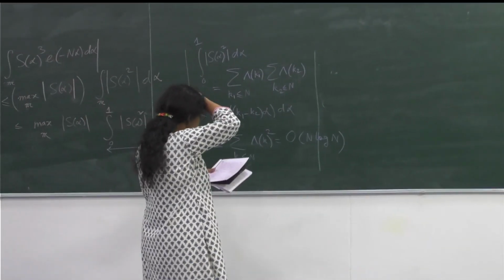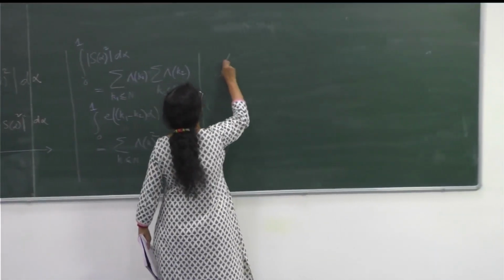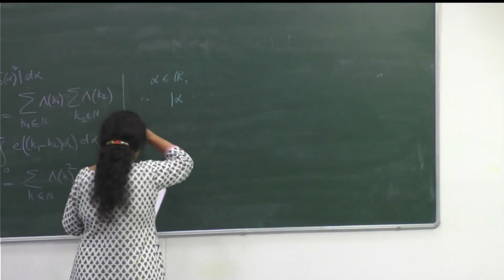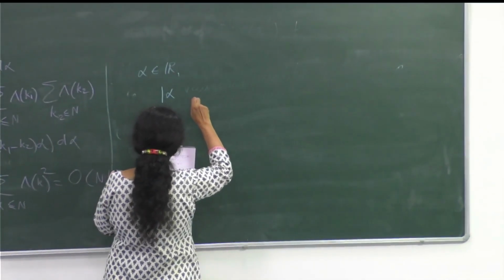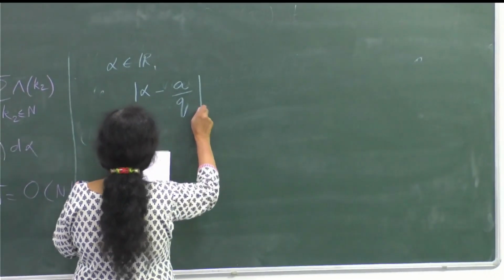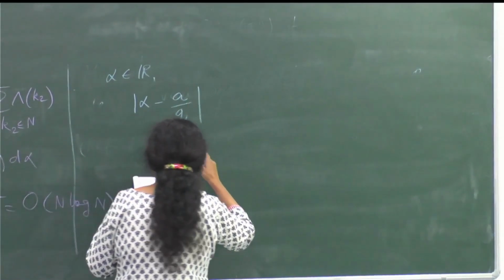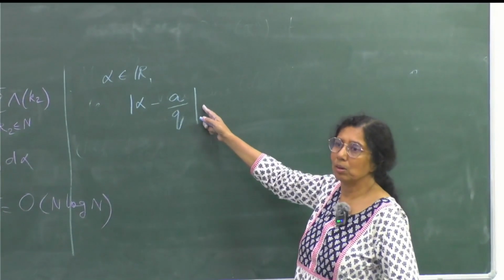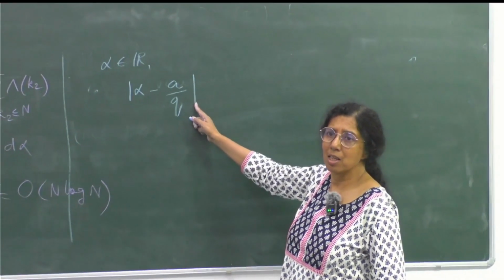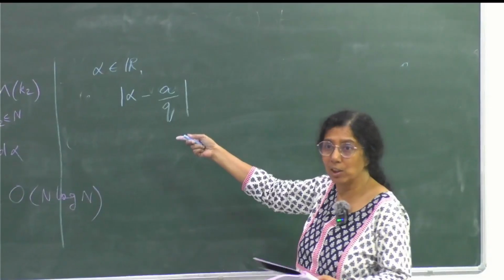So alpha is the real, and the distance between alpha and a by q, what is its relation?